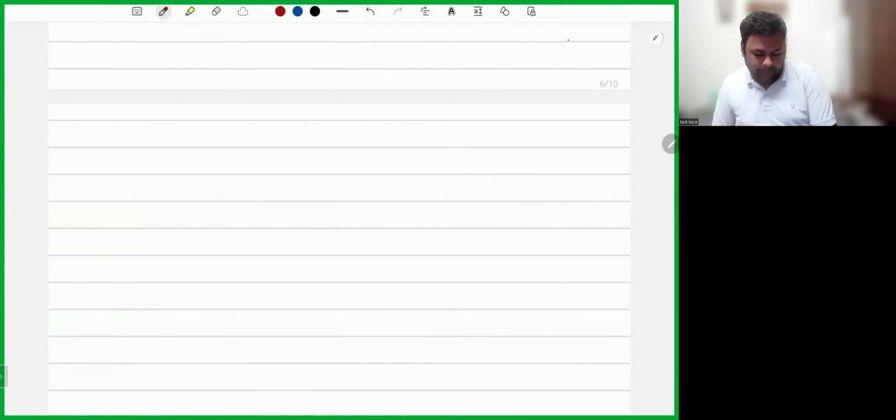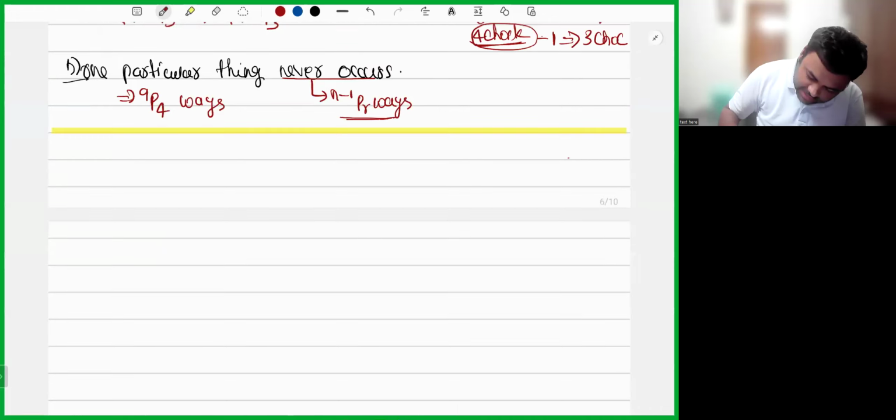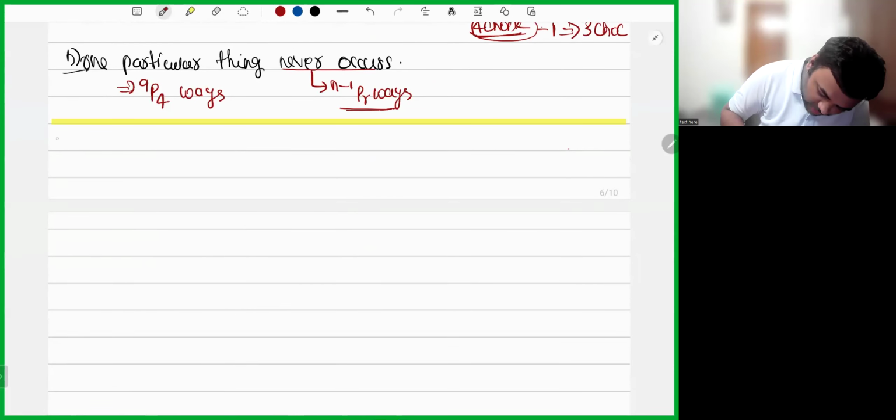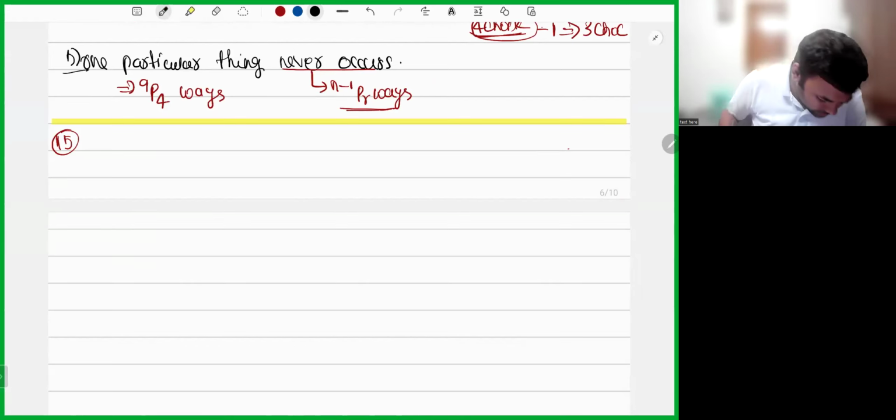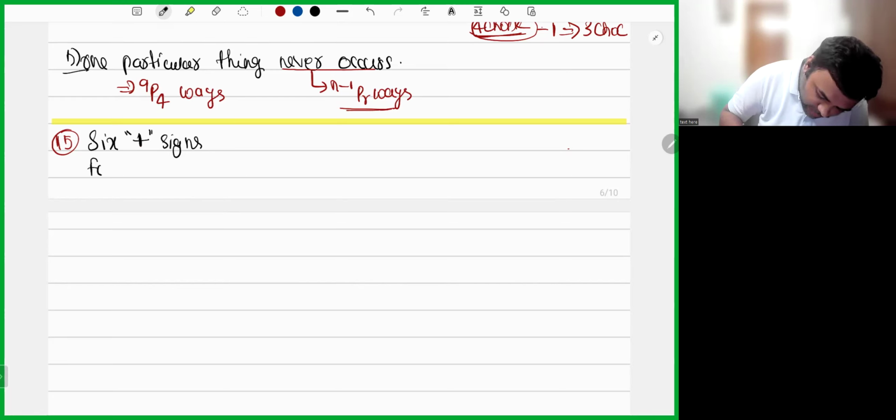Next example. This example, you solve and tell me the answer. The 15th one: 6 plus signs are there, and you are having 4 minus signs.